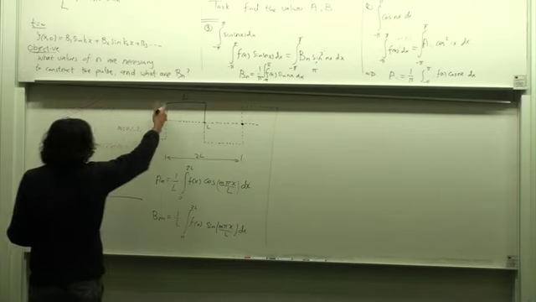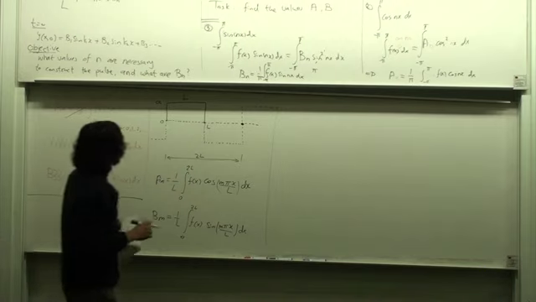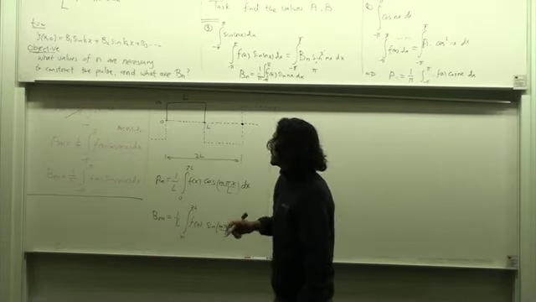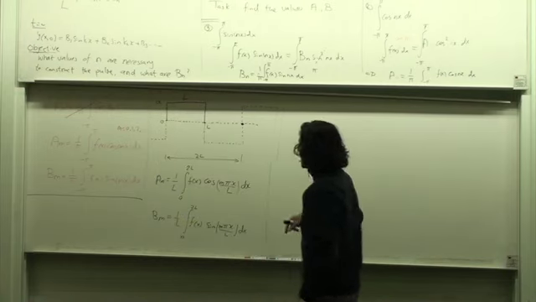We know the amplitude. Let's say the amplitude is small a at time t equals 0. We pull this, we make this shape, and then later on we let go.